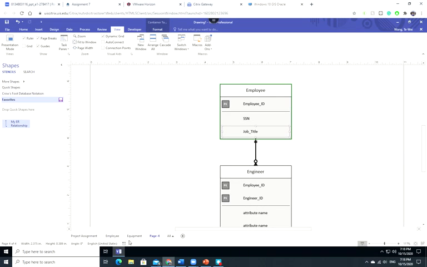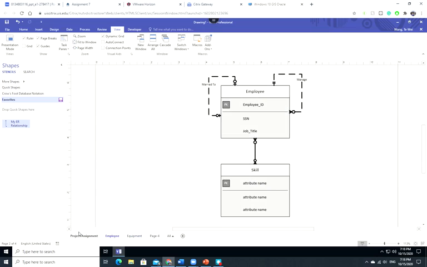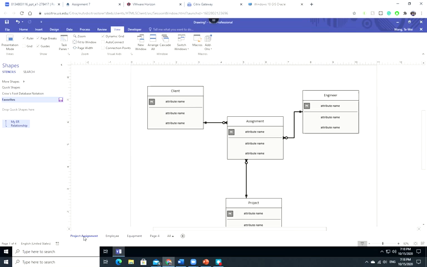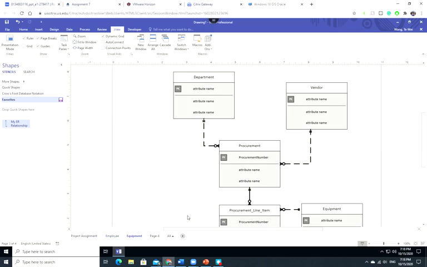To summarize what we did today to approach the assignment, we use four different patterns from the textbook. One is the project assignment pattern. Second is the employee hierarchical, or recursive, pattern. The third one is the transaction pattern.